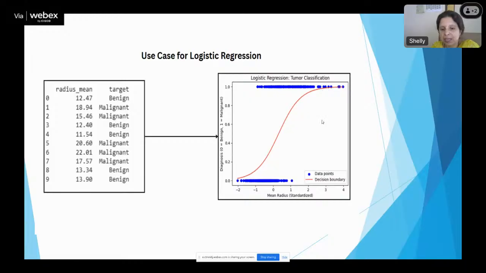So you diagnose it as either 0 or 1. For example, I put the threshold here, and the data points above this threshold are classified under the malignant category, and those below the threshold are categorized under the 0 values. So that's basically a sigmoid kind of curve, with data points mapping below the threshold and those mapping above it.